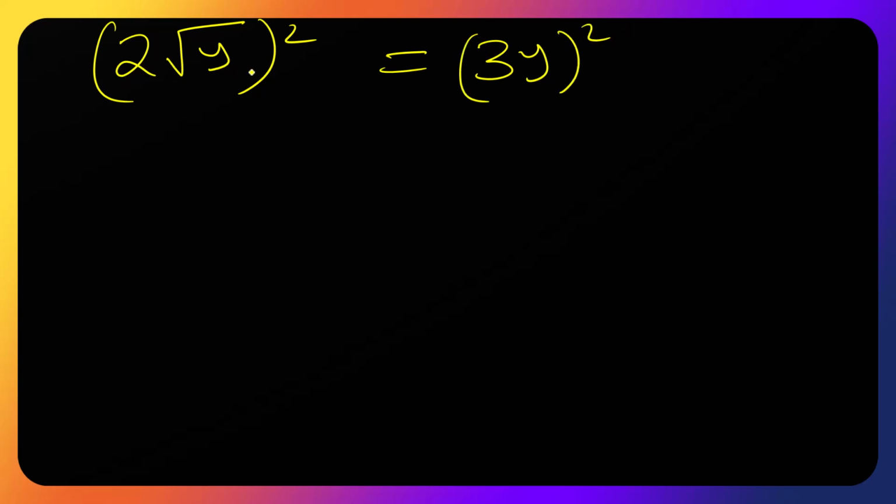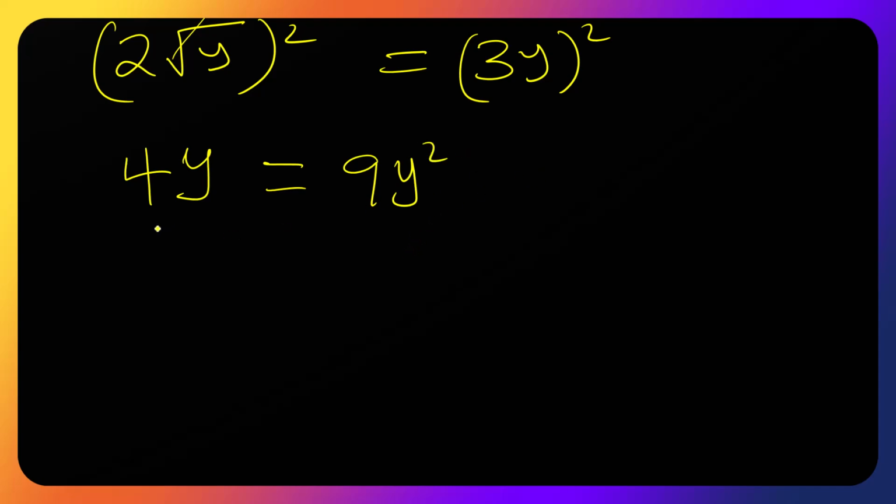If I square this side, remember the square will affect this 2 and affect this. So 2 squared is 4, and this squaring will remove the root sign, leaving y here. And this one squared will be 3 squared, 9. Then we have y squared.